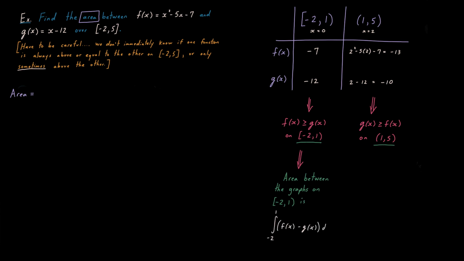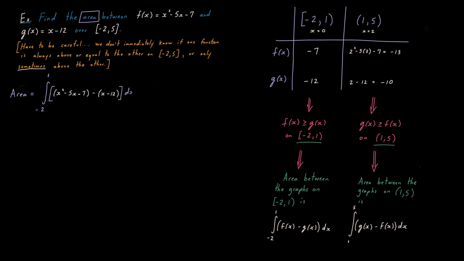Well, now we just apply our nifty formula to each of these intervals individually. The actual standard geometric area between the graphs on -2 to 1 is given by the integral of f minus g with those respective bounds, whereas the area between the graphs on 1 to 5 is given by g minus f with those respective bounds of integration.